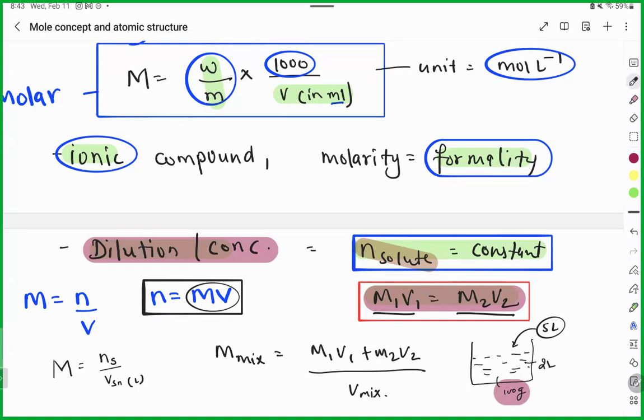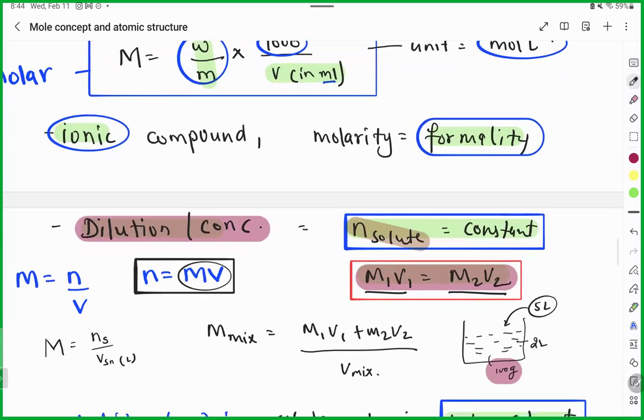Got it. So all these things are given in the solution chapter. Molarity is number of moles of solute divided by volume of solution in liter. While molality, which is what we have in elevation of boiling point or depression in the freezing point, number of moles of solute remains same.